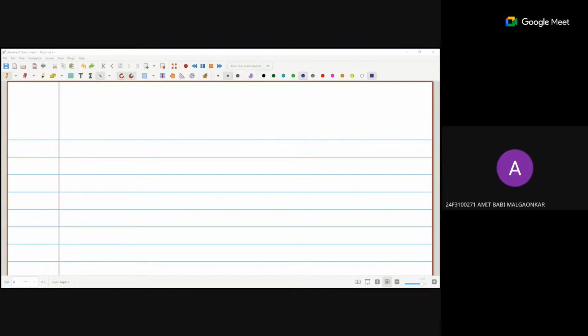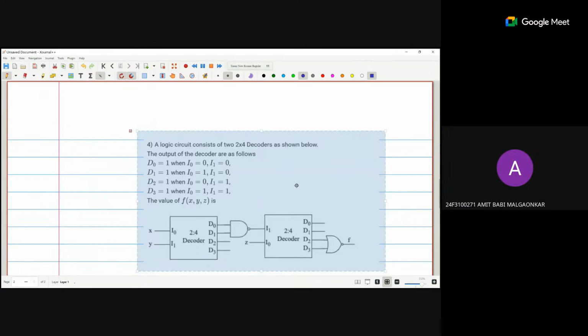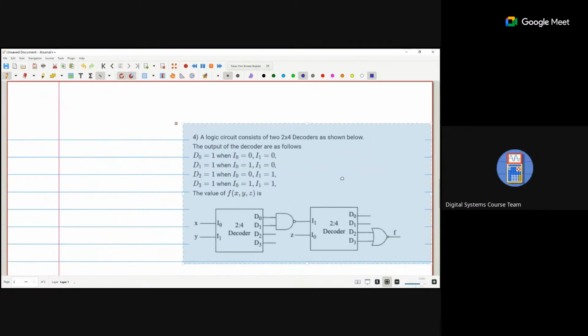Yes, sir. After solving this, the answer I got is not there in the given answers. So I just solved this one for the practice assignment question number 4. On the basis of that one, you can choose.